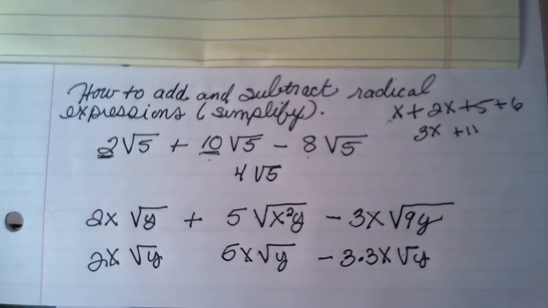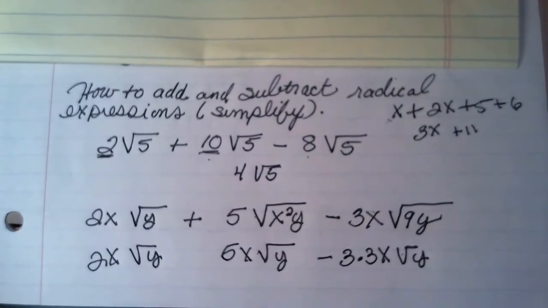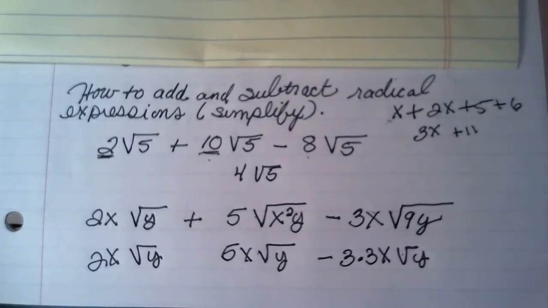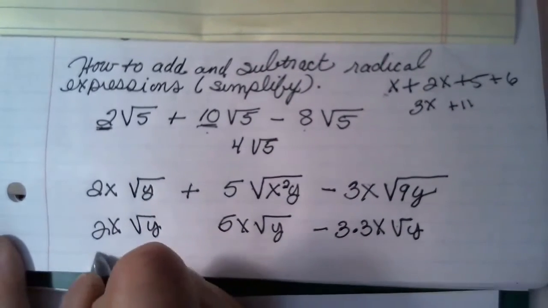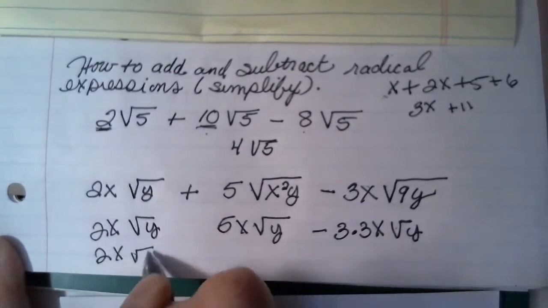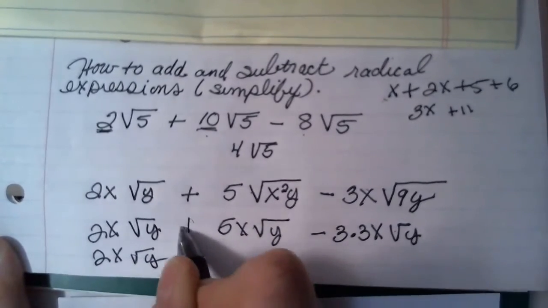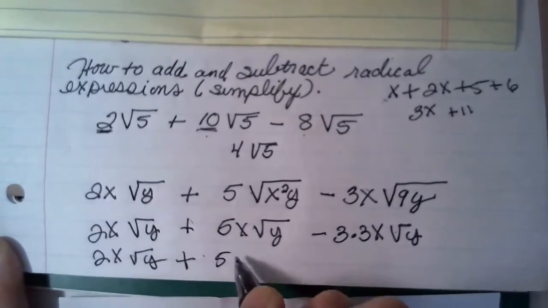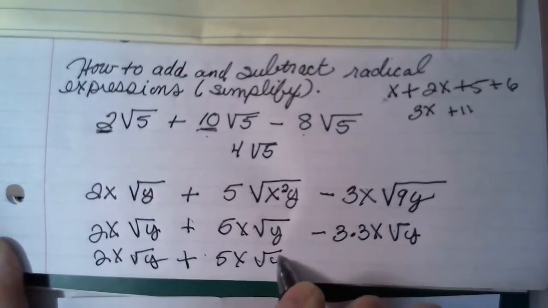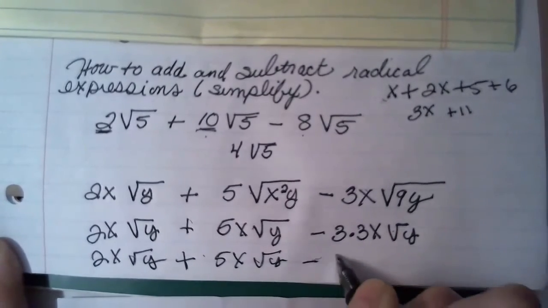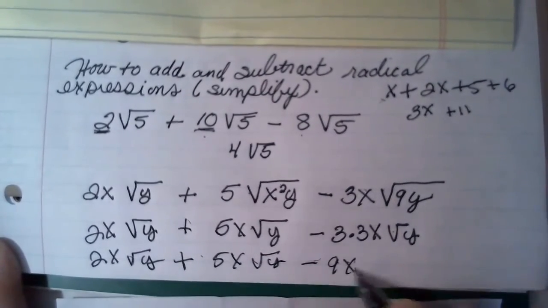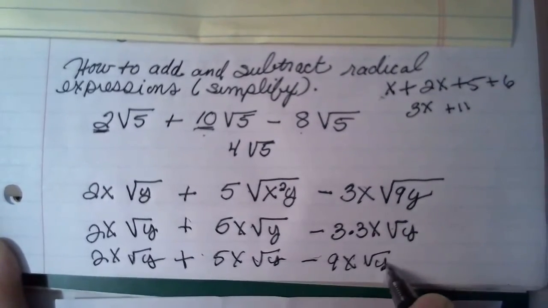Now, before I can add these together, my last term, I have 3 times 3, which can be multiplied together. So I'm going to go ahead and say 2x square root of y plus 5x square roots of y minus 9x square roots of y.